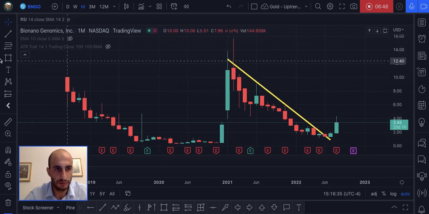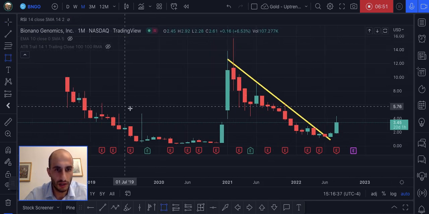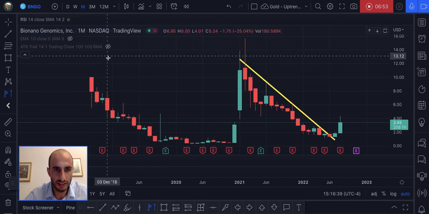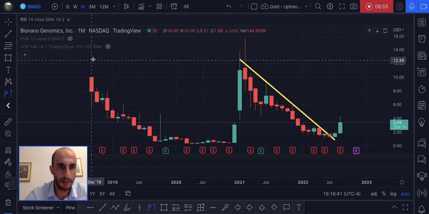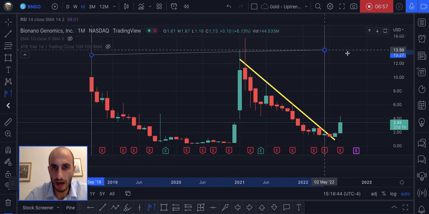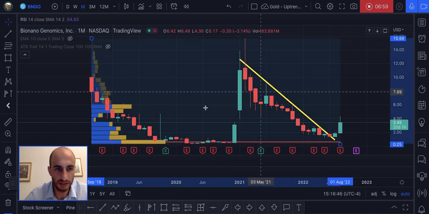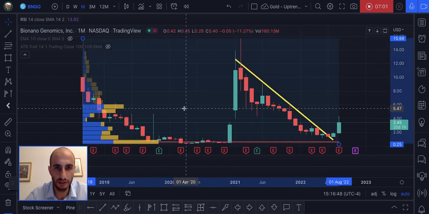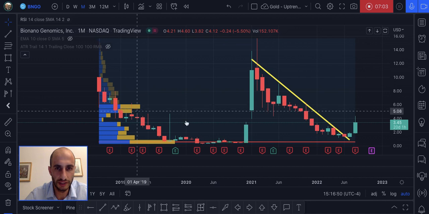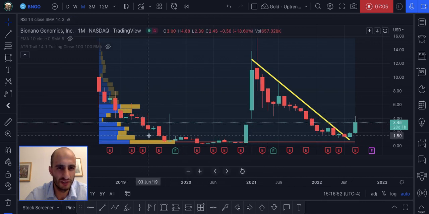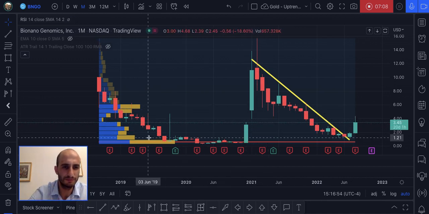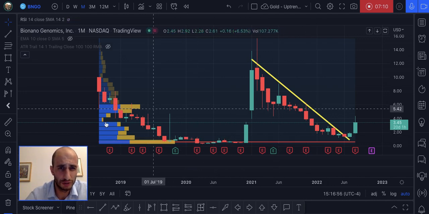Step two: what are our levels? Let's use volume profile analysis today. What are our supply and demand areas? This volume profile analysis is a very useful tool because here you can see the congested areas. If you didn't know this already about price, I'll tell you: price is attracted to volume.